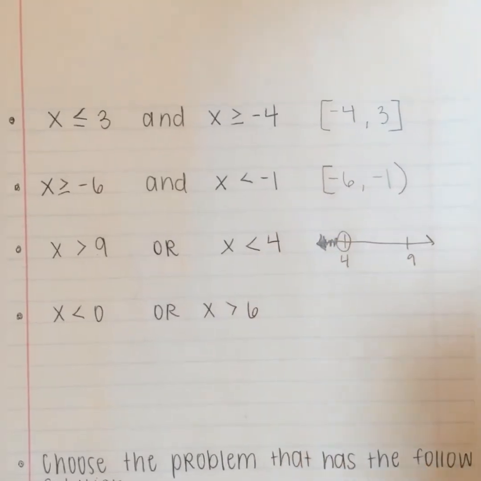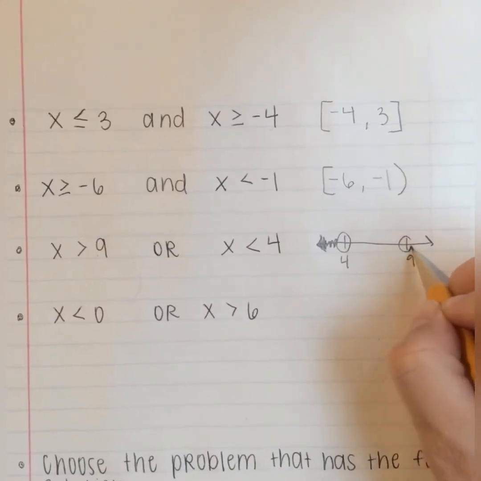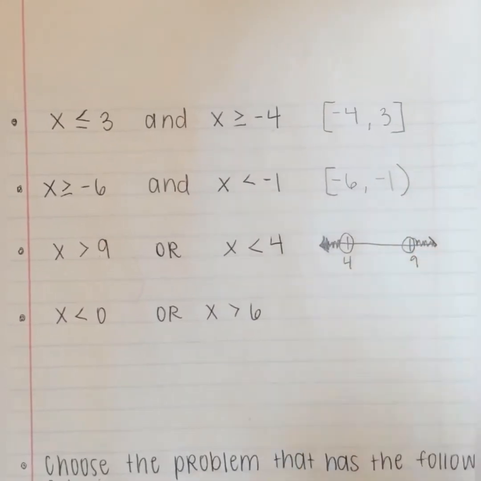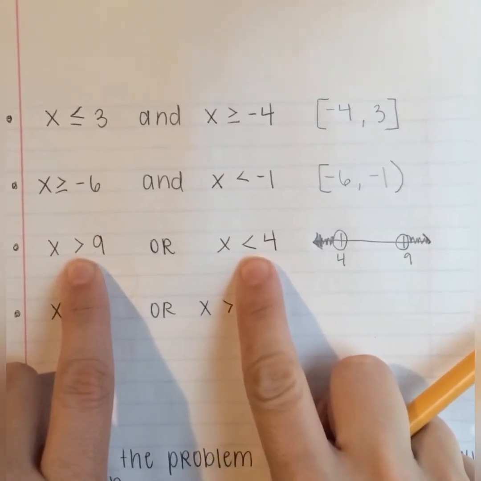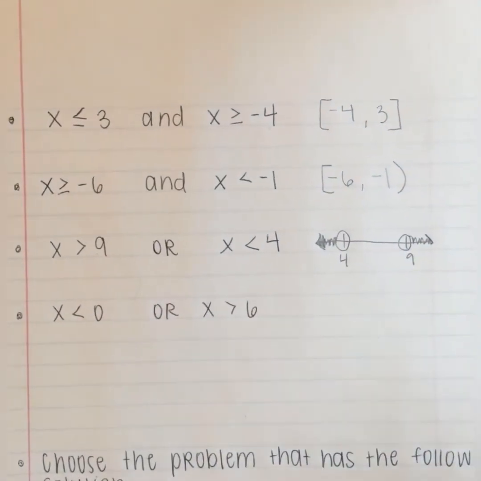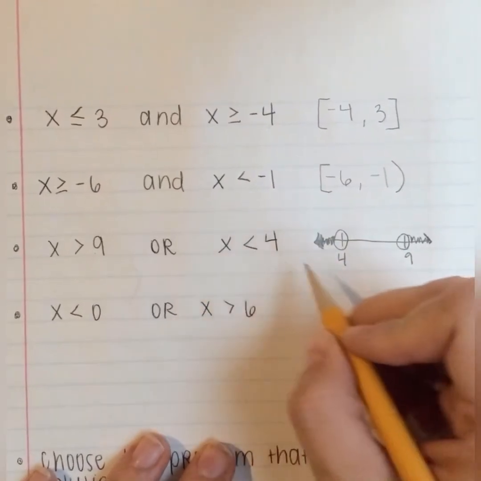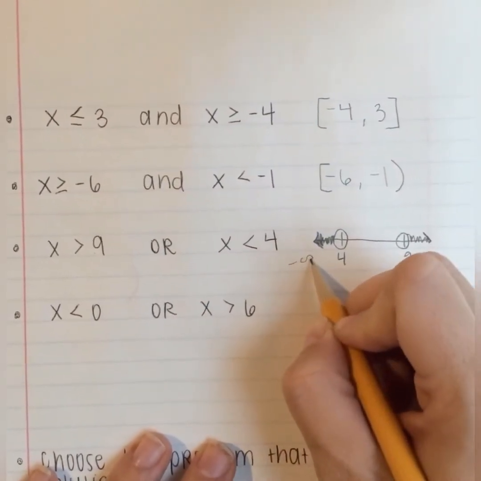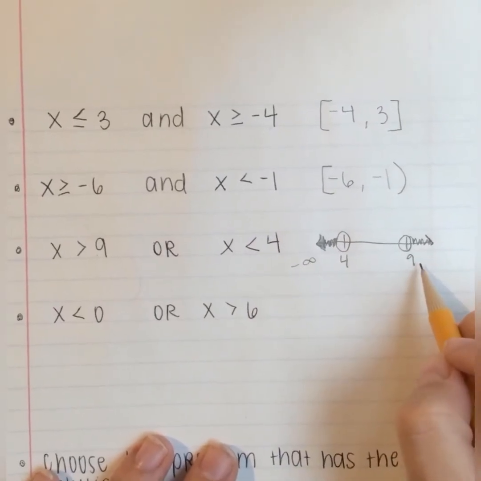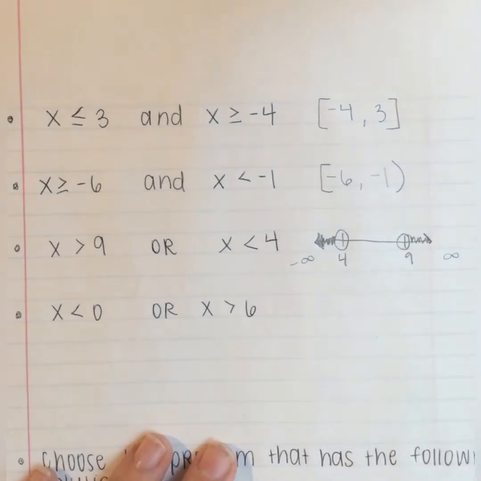Less than, we're going to the left. And any x value that's greater than 9. Neither of these had an "or equal to," so I don't shade in either of the circles. I leave them as open circles. So we know this is going to keep going all the way forever and ever, all the way to negative infinity. And then this one's going to go right forever, greater and greater, all the way to infinity.